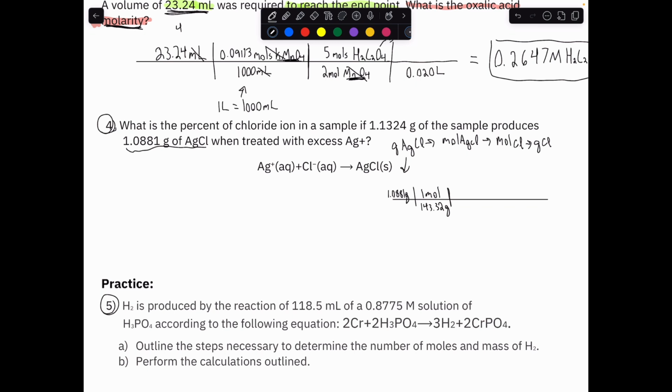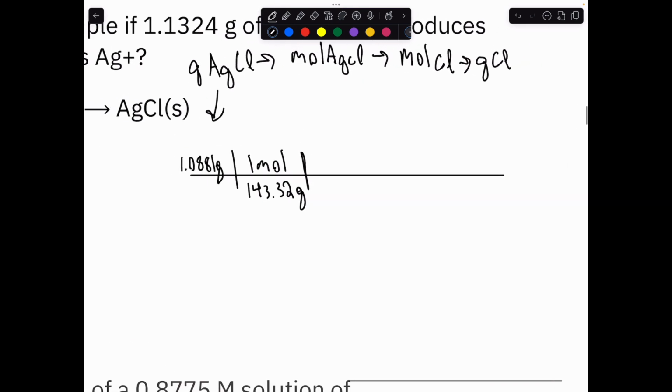I'm going to double check that really quick, just because I don't want to lie to you guys. Yeah, that is the molar mass. And so for 1 mole of it, we know that that's how many grams.